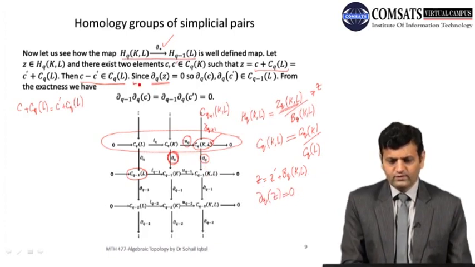So very simply, Z belongs to the kernel, so the image is 0.